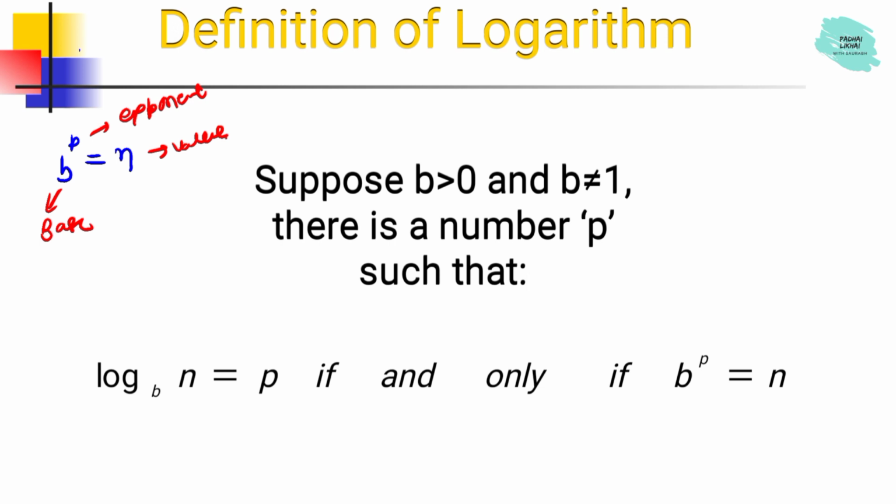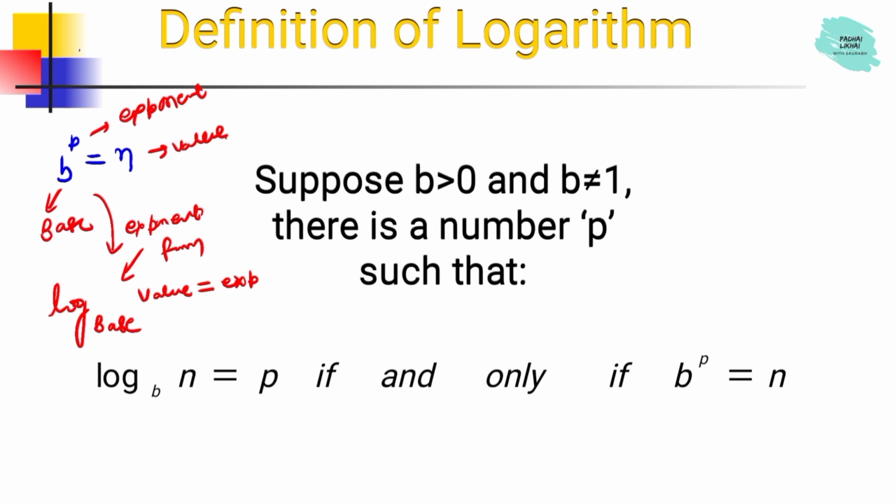So if we convert this exponent form into log form, it will be written as log, with the base written in suffix, and here we will write value equal to exponent.